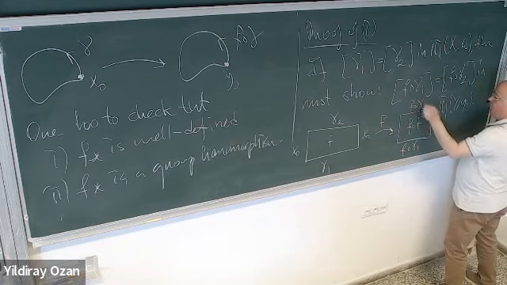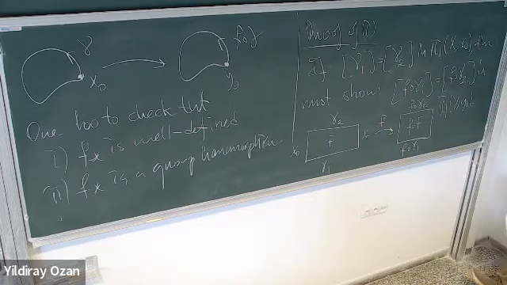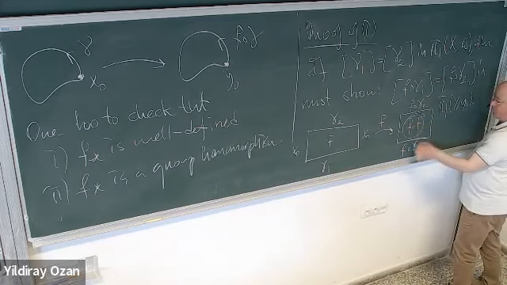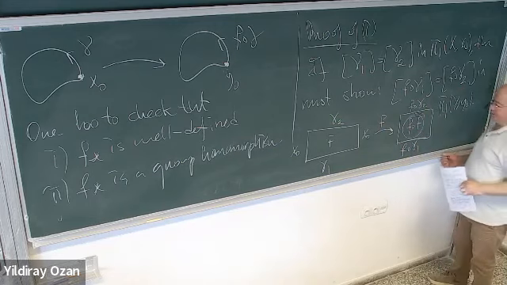Here f composition gamma 2. Okay, so I claim that this is a homotopy from this to this one, but that is clear.